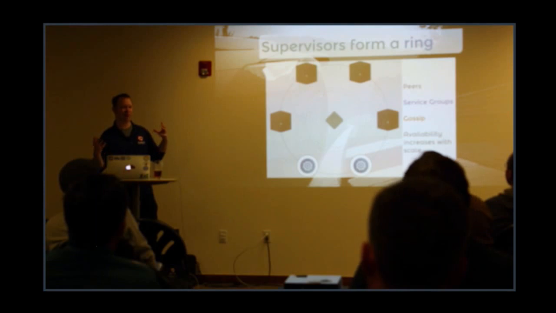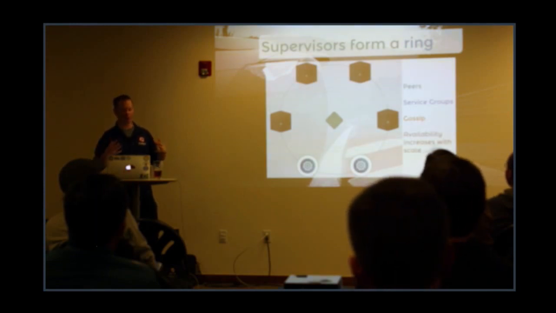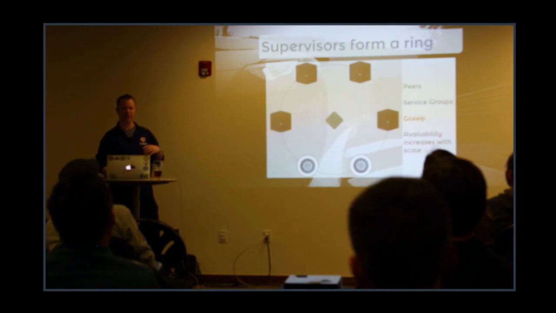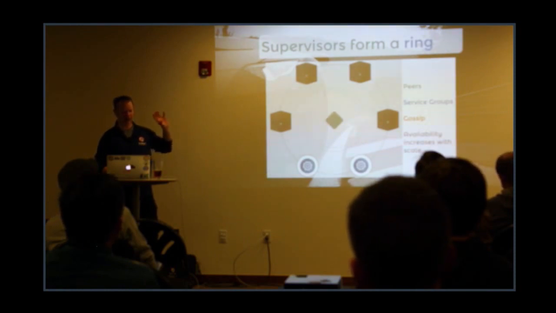Each of these supervisors that's running on a network forms a ring. We did some rewrite of this recently, but I believe it's still a SWIM-based protocol that does the gossip, and they talk to each other.